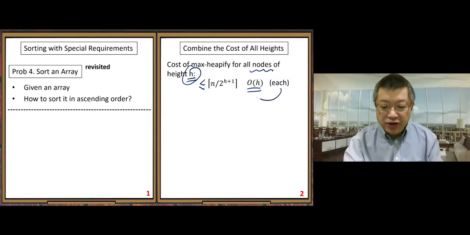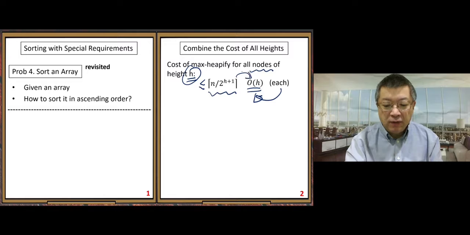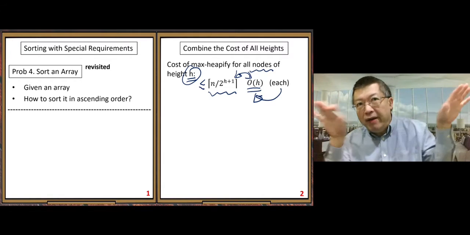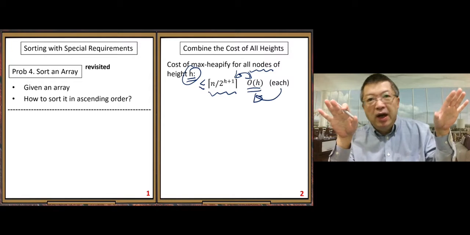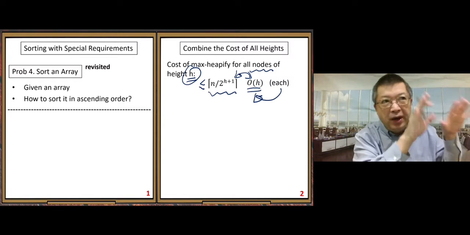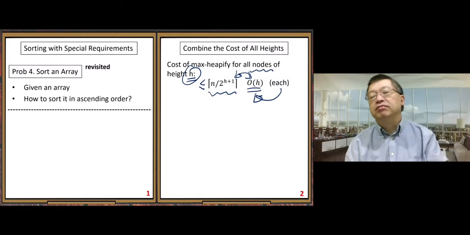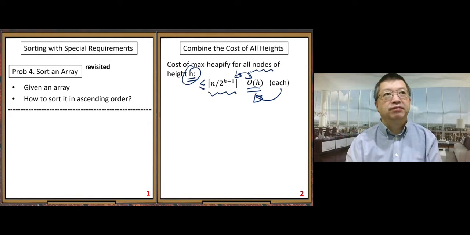But you have this many, so then multiplication. That is the cost for one level. Can you accumulate the cost of all the levels? That's the formula, so we can write that formula directly.